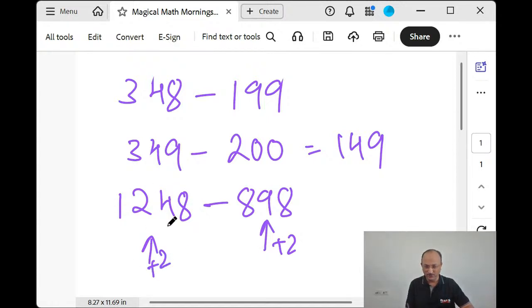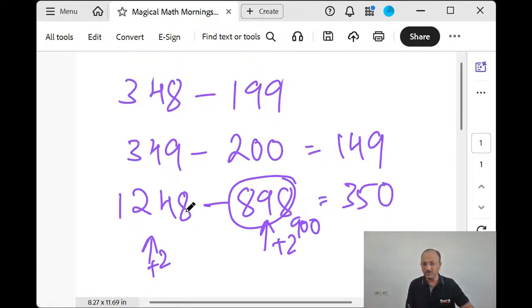It will become 1250 minus 900. That is nothing but 350. Got it? So 1248 minus 898, we are converting it to 900 by adding 2. So 1248 also we have to add 2. It will become 1250. 1250 minus 900 is very easy. Correct? That is nothing but 12 minus 9 is 3. So 350 we will write as the answer.